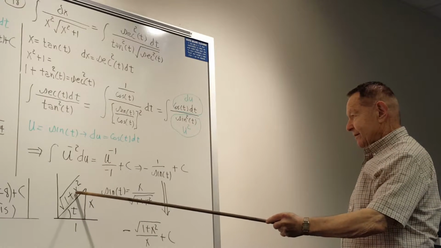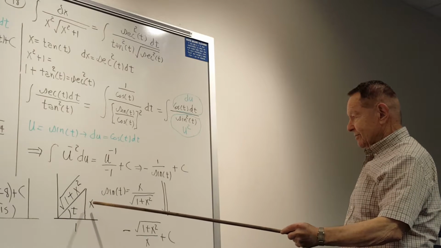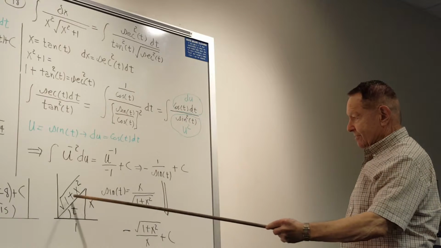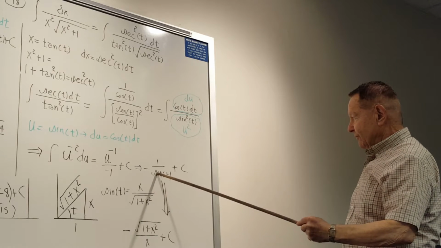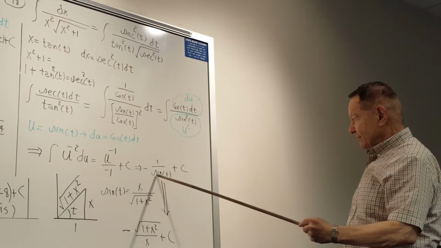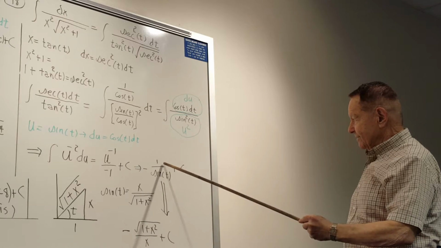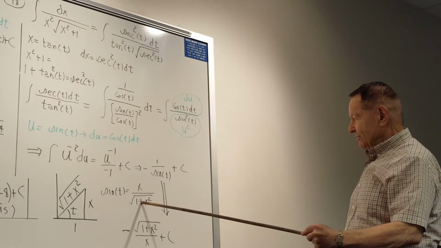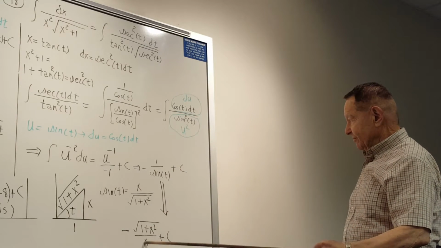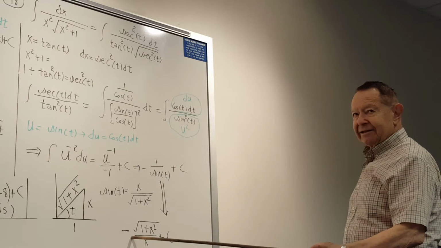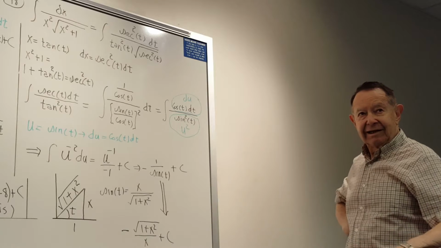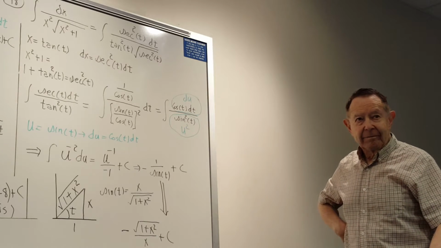And then if you are looking at this, sine is x over the square root. So 1 over the sine then, which of course you could say is cosecant, you can just flop this over and you have your minus. So finally, in terms of x, you get an answer like that.